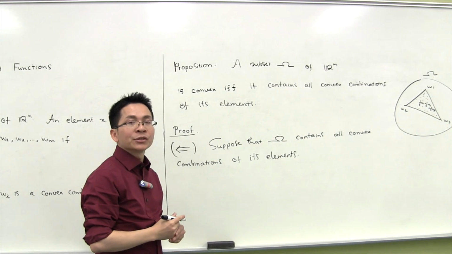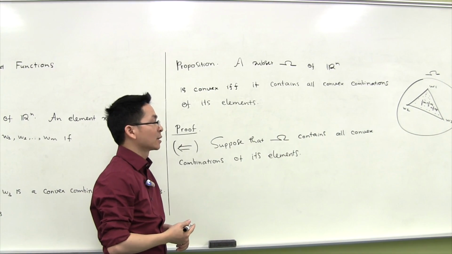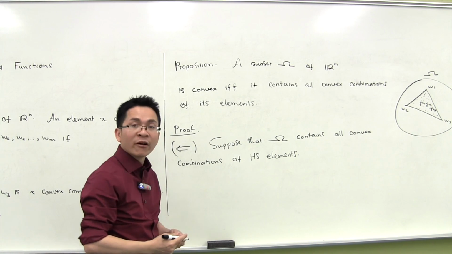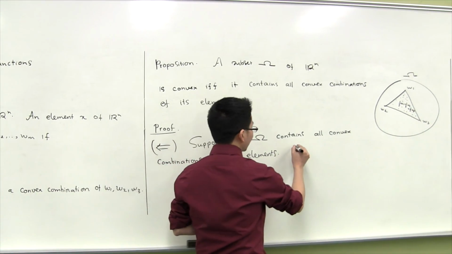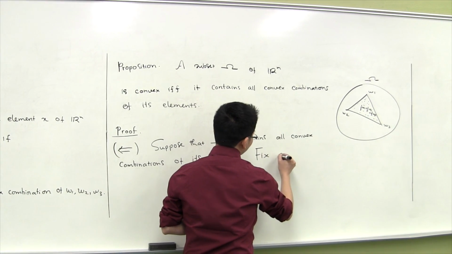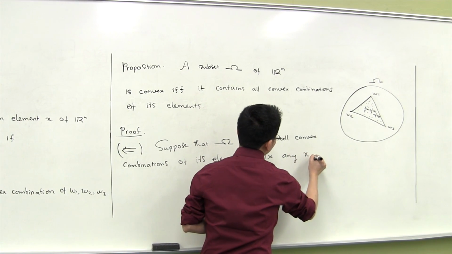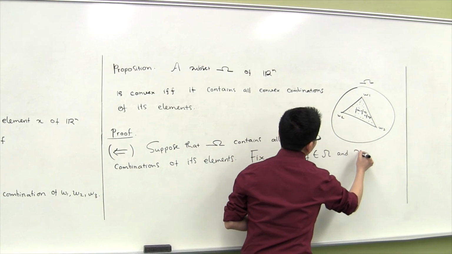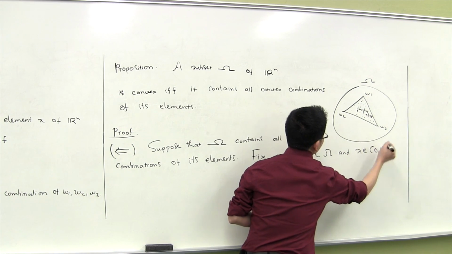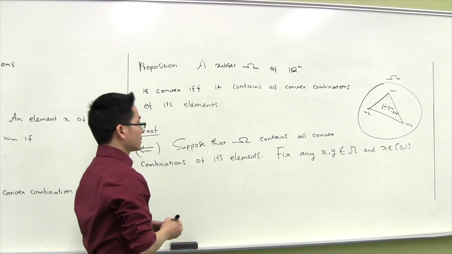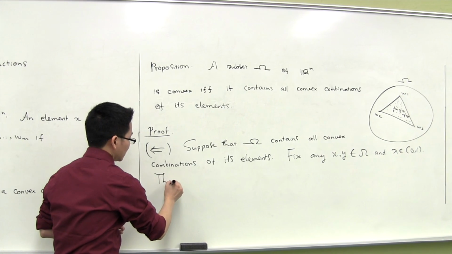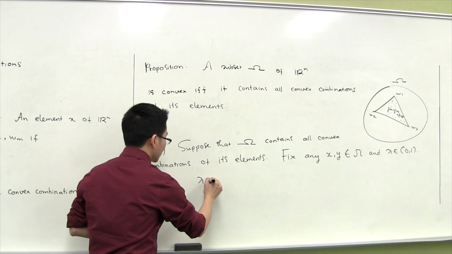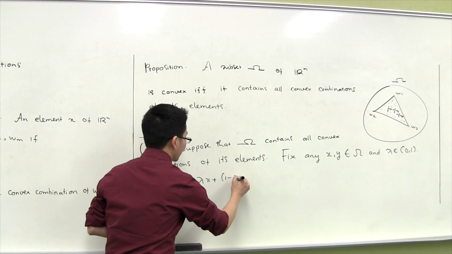Our goal now is to show that omega is convex, and we're going to use the definition of convexity for omega. So we fix any x and y in omega as usual, and lambda in the interval [0, 1]. Then we look at this element lambda x plus (1 minus lambda) y.